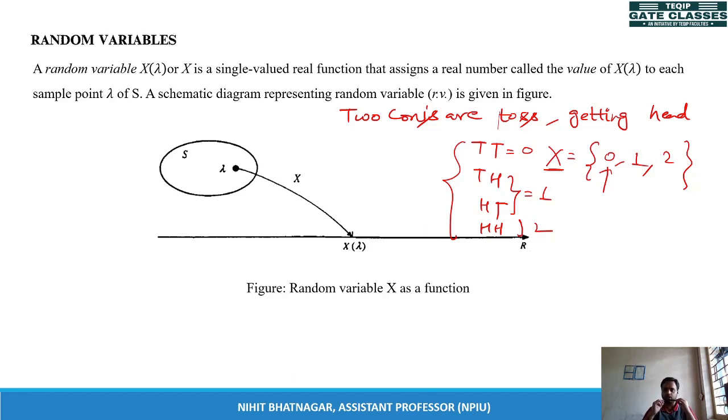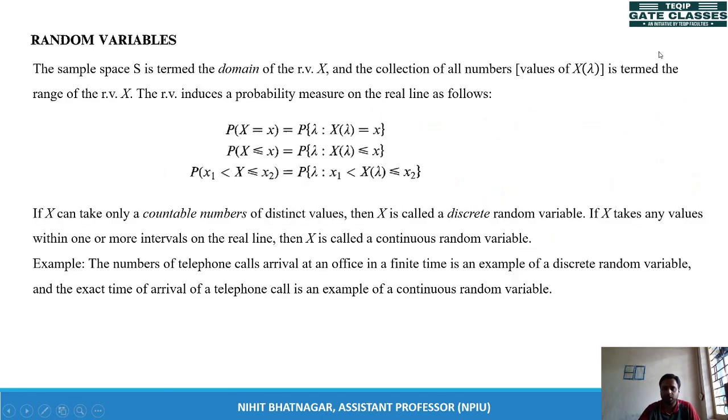So now you should understand what a random variable is, and how a real-time random event can be mapped into a set of countable values, which is called a random variable. These are definitions. Nothing is new in this; I just elaborated everything in a simple way in the previous slide.